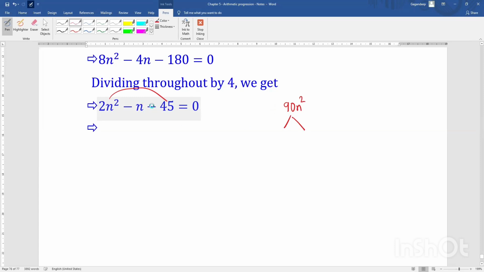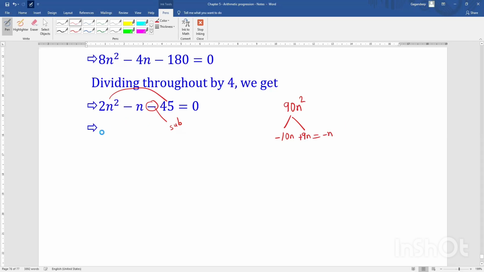Now minus indicates subtraction, so you must split this 90 into two factors so that upon subtraction of those two factors, you get the answer as minus. Here it will be 10 into 9, because minus 10n plus 9n will give you minus n.